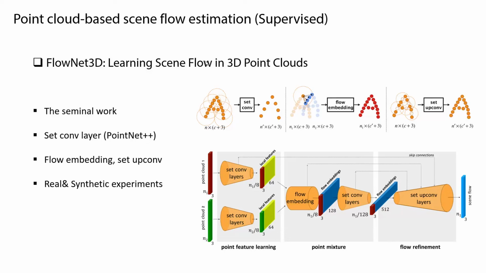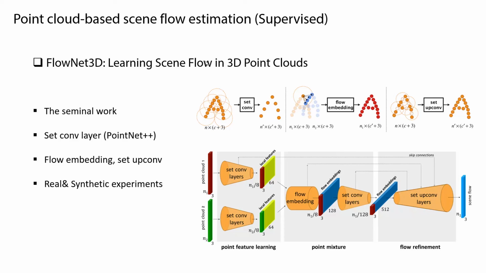In this method, they use the set conv layers to extract the deep features from each point cloud. And to correlate the features from these two point clouds, they proposed a flow embedding layer and continue to learn deeper features from the new embedding. Finally, they proposed a novel set upconv layer, which can be seen as the inverse operation of the set conv layers.